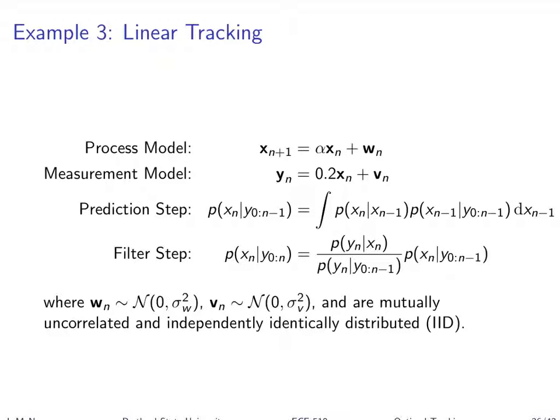Is the denominator in the filter step the same as the denominator in the Bayes' rule that we saw on the first day? It's equivalent, yeah. A good way of thinking about this is it is the integral of the numerator. Right.